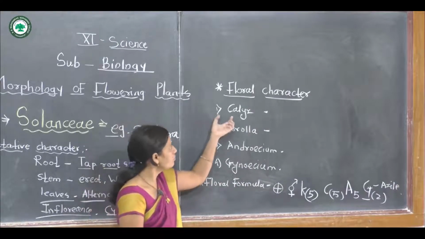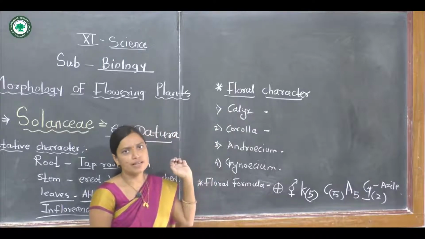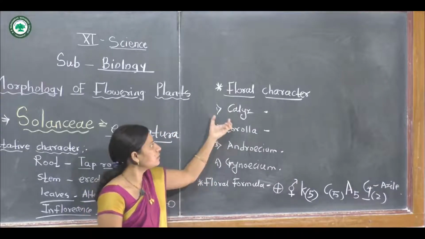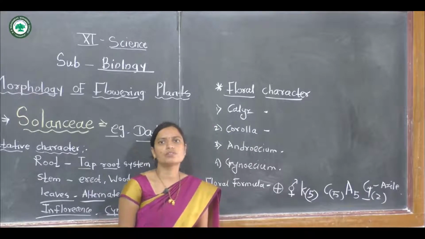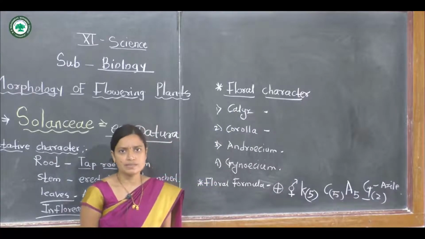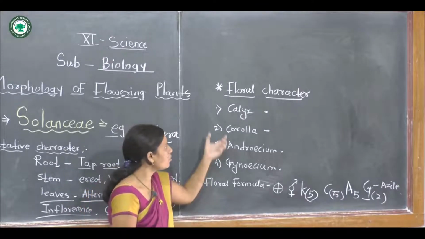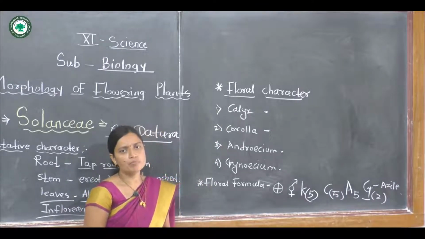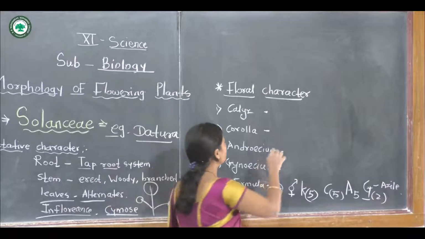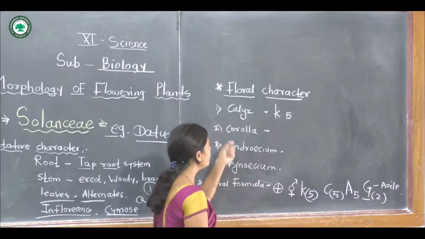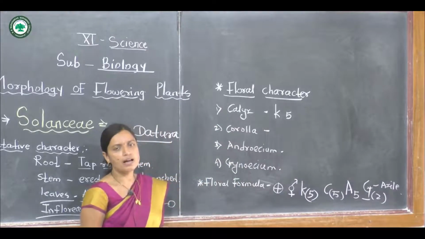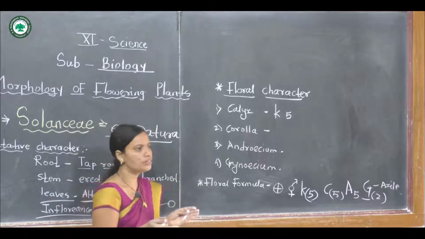The first part of the flower is the calyx. The calyx is green in color, and its most important function is photosynthesis. The number of calyx lobes in this family is 5 in datura. The sepals are fused, united with each other.